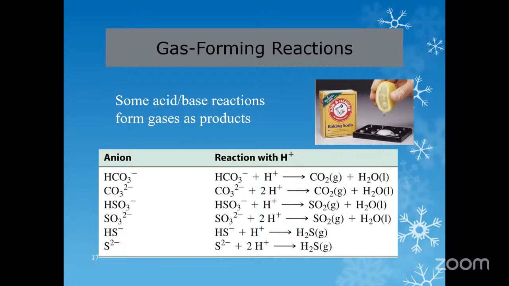In fact, the rotten egg smell that we associate with eggs, the proteins being decomposed, that smell is due to hydrogen sulfide gas being produced when we have the proteins undergoing degradation, right? Another thing about this gas too is that it's toxic, right? So again, for those two reasons, you don't want to do that at home. So these are all examples of acid-base reactions where gases are produced, all right?